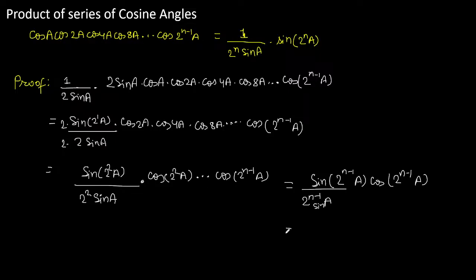So we'll multiply with 2 and we'll get sin 2 to the power n into A, and at the bottom we have 2 to the power n sin A.